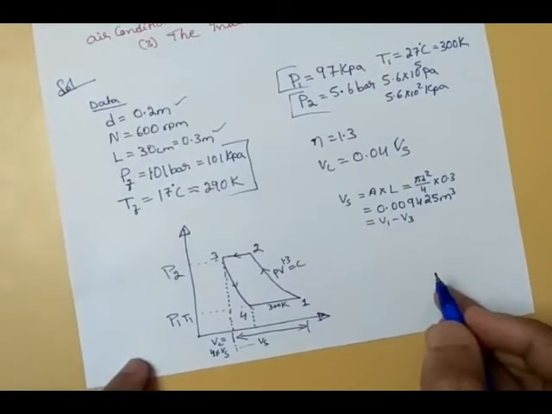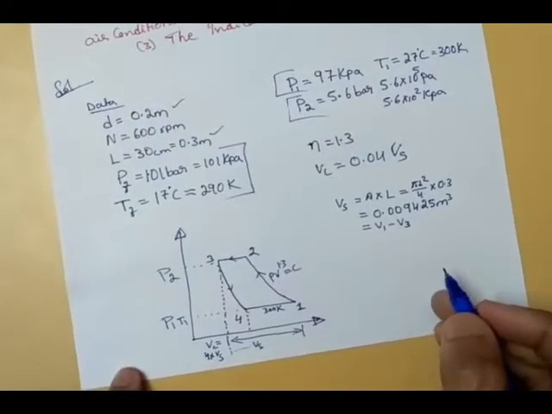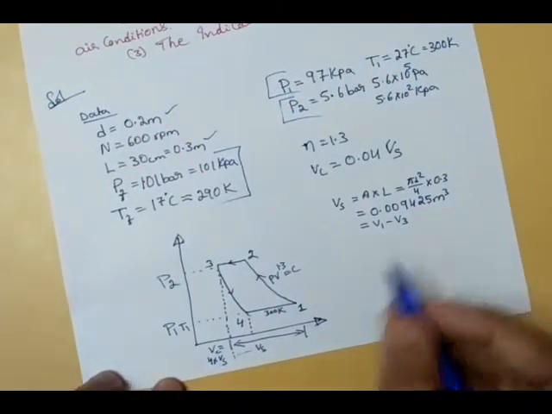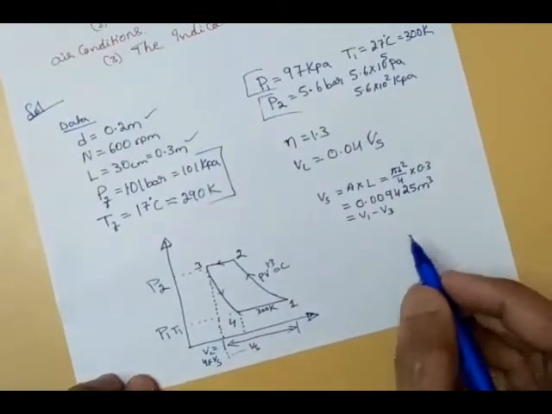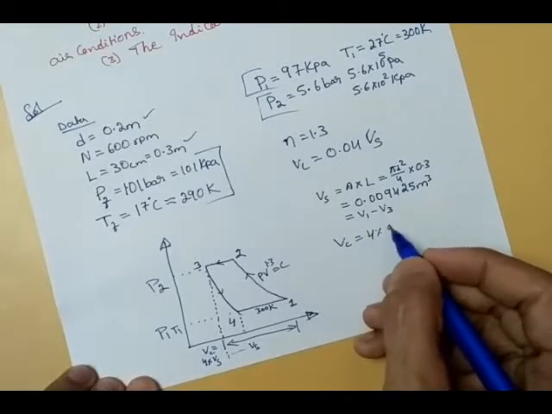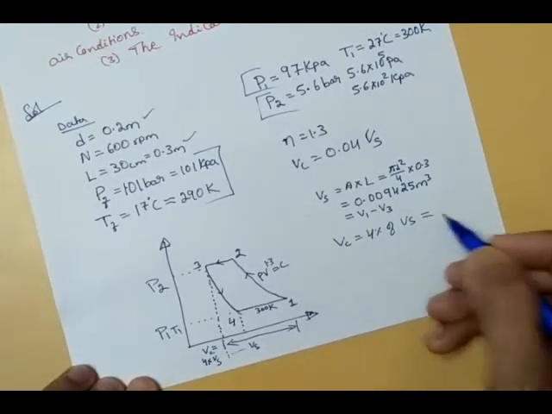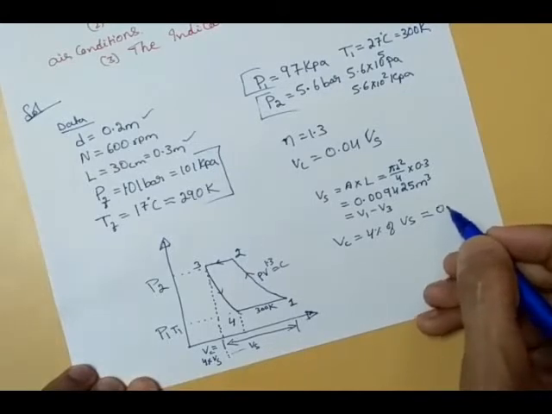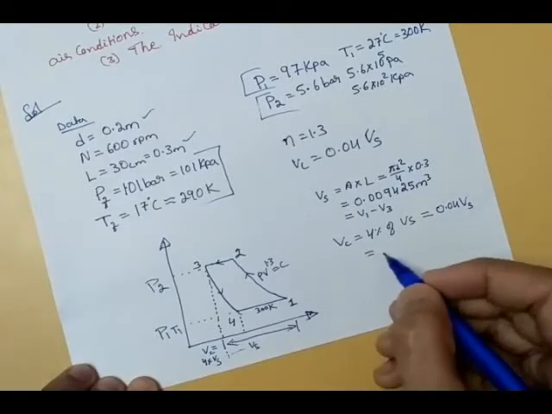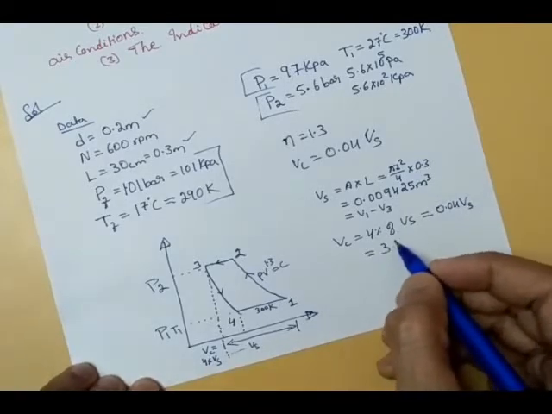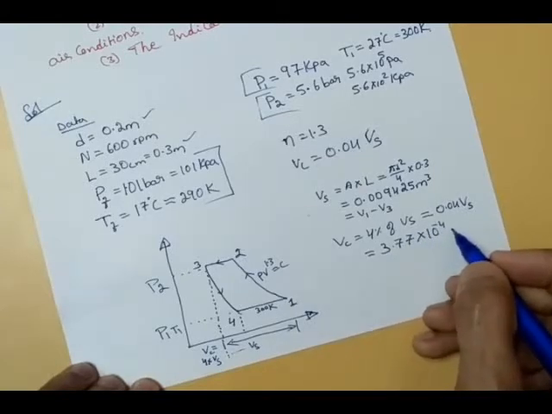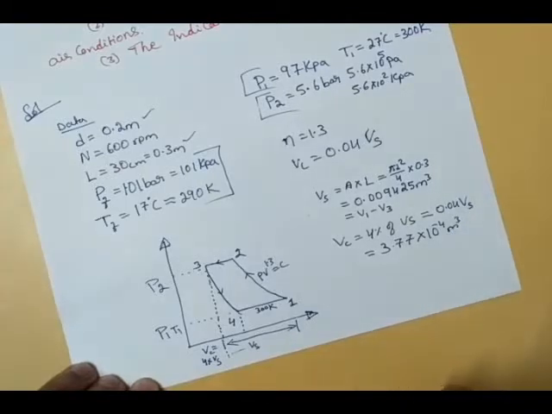Then we have to get this Vc value. To get this Vc value, there is a condition: Vc is equal to 4% of Vs, and hence I can write this as 0.04 times Vs, which is 3.77 into 10 power minus 4 meter cube.